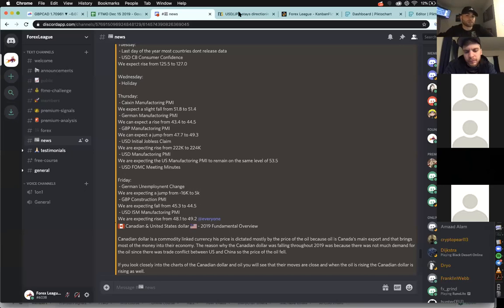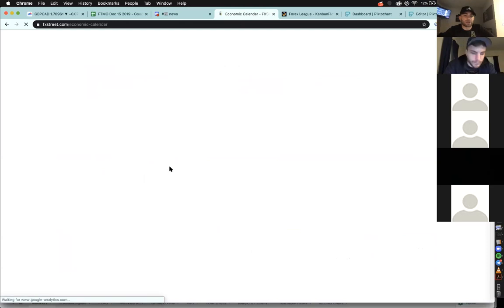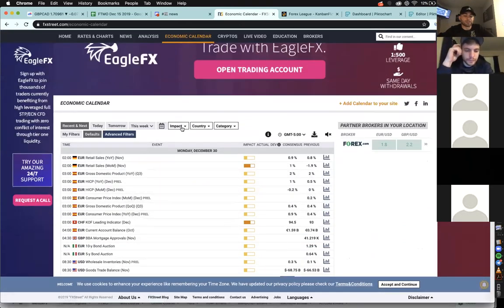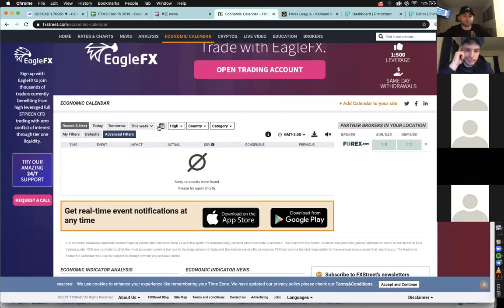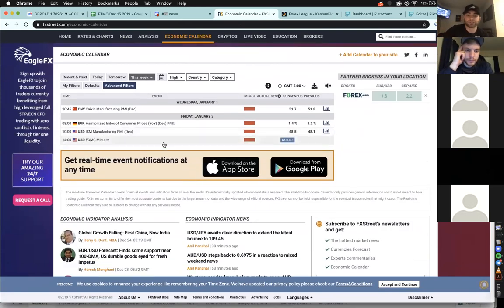And again, like you said, always look at an economic calendar, have one every week, at least, that you can go to and look at, so you know what's going on for the week. And yeah, as you can see this week, not much going on as in high impact news, but always have this ready and be aware, especially if you're in trades.